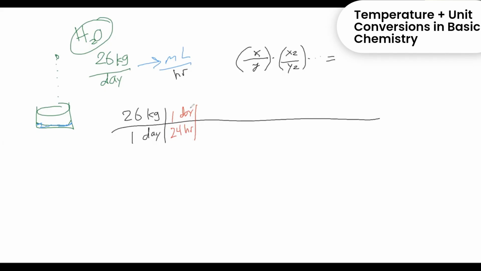The reason it goes on top and the bottom is that this is the numerator and this is the denominator, see? So I have things that are the same in the numerator and denominator, day over day cancels out. So now I'm left with kilograms per hour. Well, that's great because I know that I wanted to get milliliters per hour. So I'm already getting part of the equation.